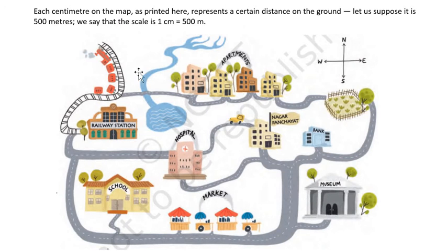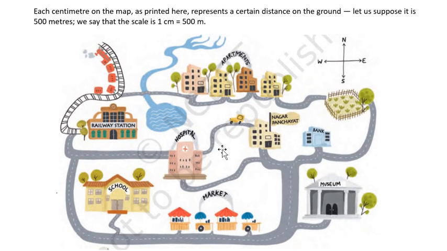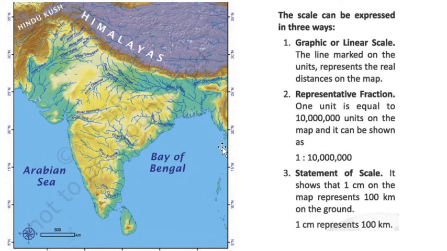Now here, this again is an imaginary city map. Suppose each centimeter of the map as printed represents a certain distance on the ground, let us say 500 meters. Then we can say that the scale here is 1 centimeter equal to 500 meters. You understand? This is an example of a scale.